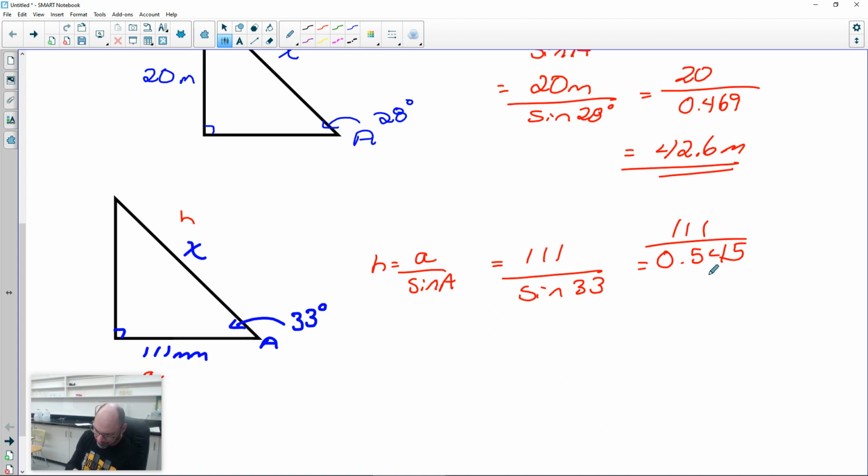So we take our 111 and divide by 0.545 to get 204. Or in this case, x, because we called it x. So that would be 204. And that's basically how to do anything with finding the hypotenuse length.